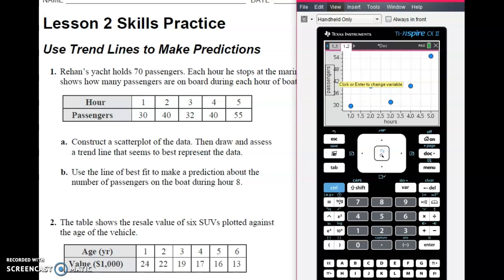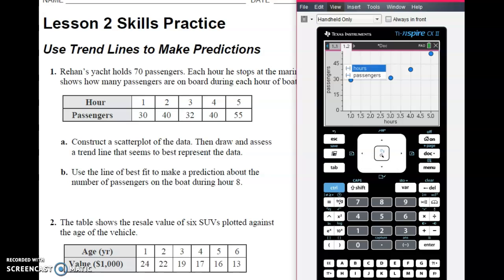So what you're going to do is take your cursor and hover it on the y-axis at the bottom, and then put your finger right here on the middle. If you press and hold that center button, you can grab and adjust the y-axis. Then click that center button again to release it.